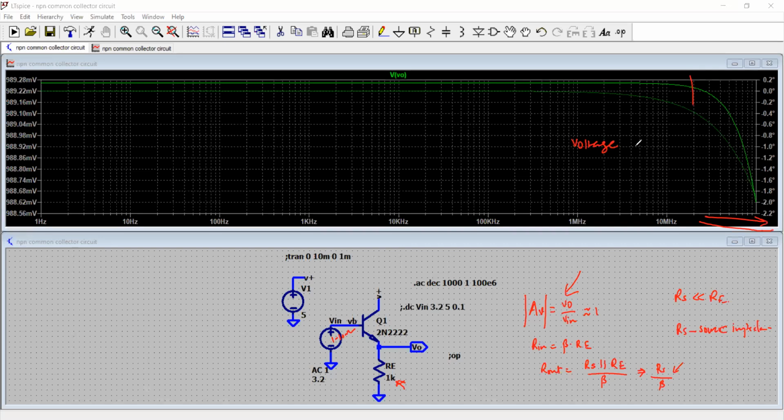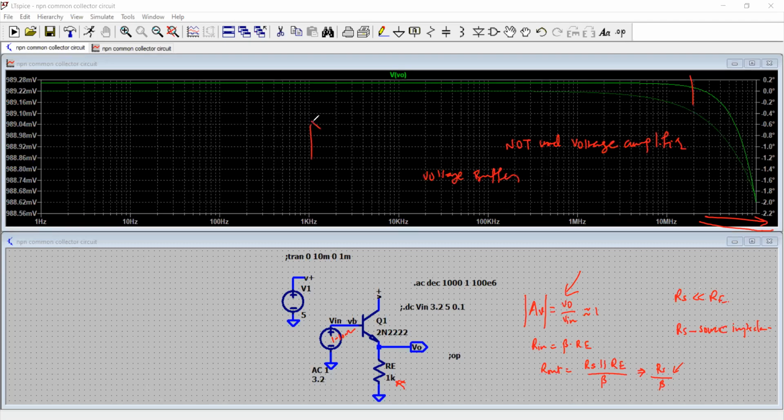This common collector stage is not used as a voltage amplifier. Rather, it is used as a voltage buffer.